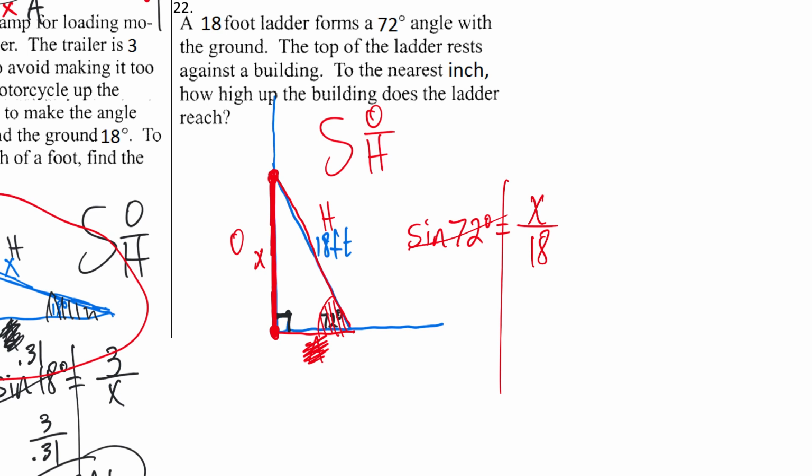And sine of 72 is 0.95. X is on top, so I'm going to multiply. So 18 times 0.95. So it tells me 17.1 feet.